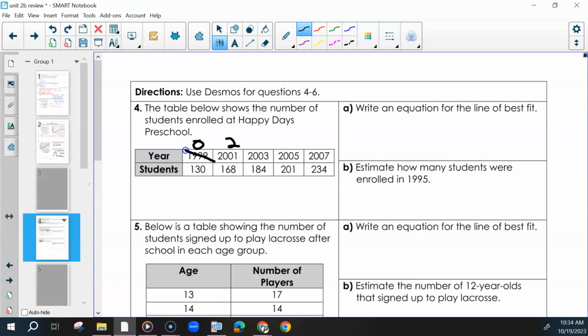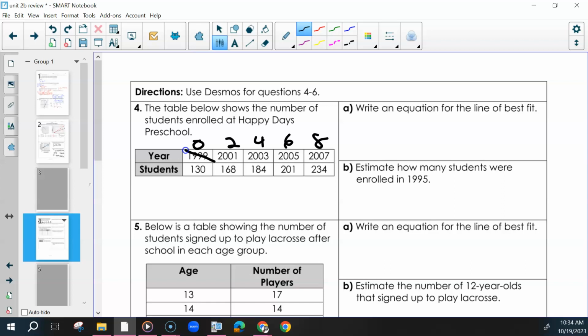So this would be 2, but 99 to 2003, what would that be? 4. 99 to 2005, and 99 to 2007. So always count from the original to the next one, not between the next 2. So always change those. Okay.